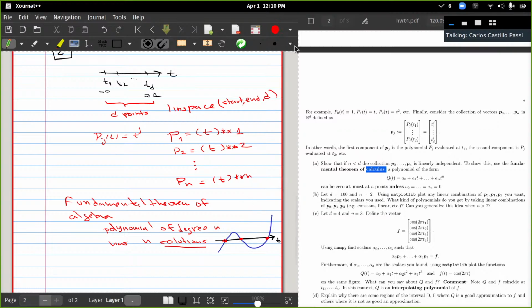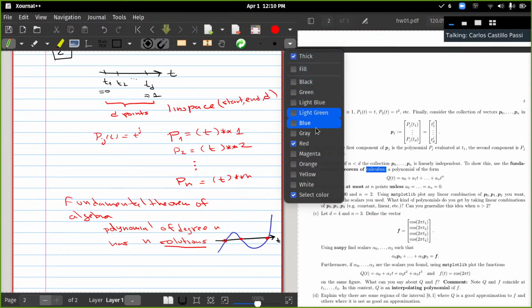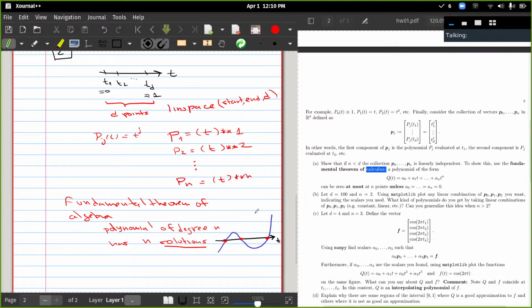Here I just drew a polynomial that is something like t to the power of 3 or something like that. But these solutions can be complex, in the complex plane.